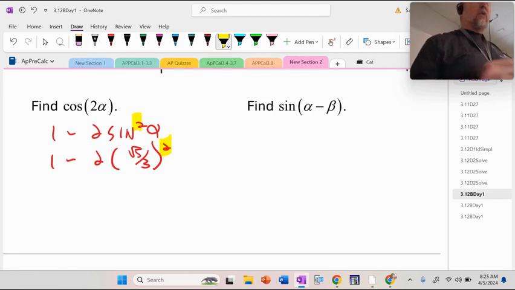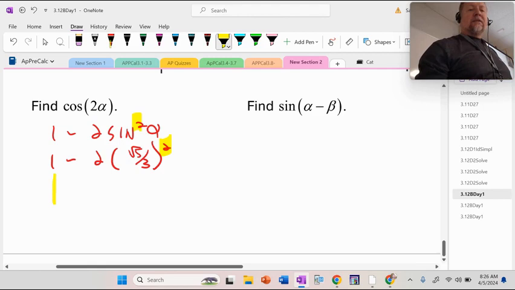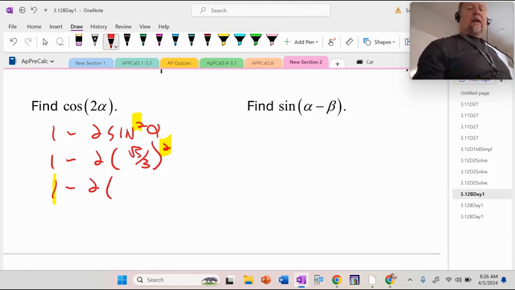Got it? Okay, so now this is 1 minus 2 times root 5 squared, which is 5, over 3 squared, which is 9. 1 minus. Now again, these fractions, I'm just going to tell you, you just multiply the 5 by 2, not both.